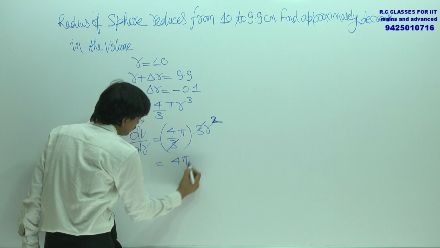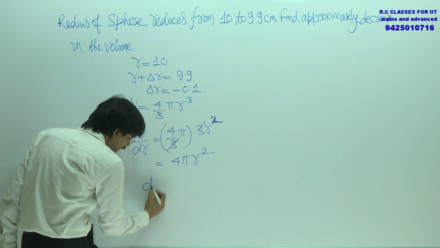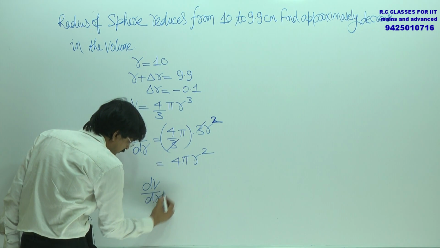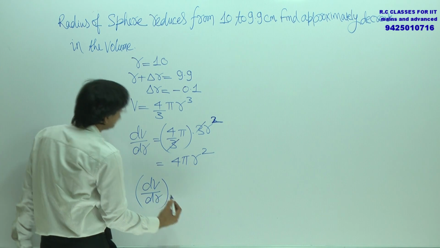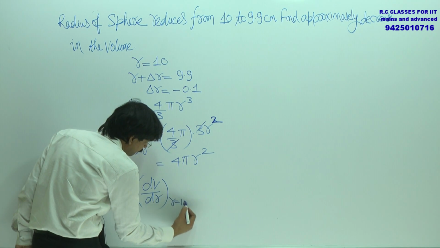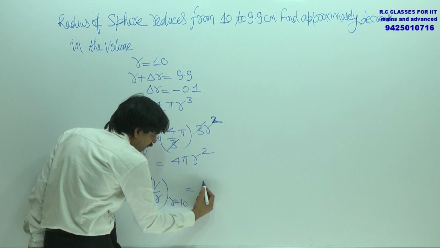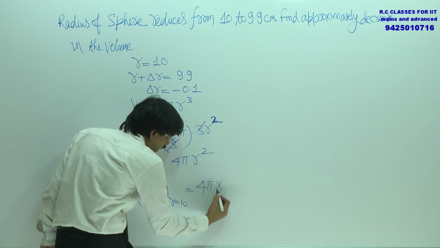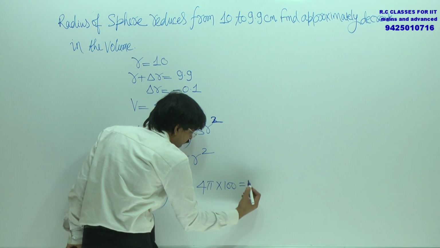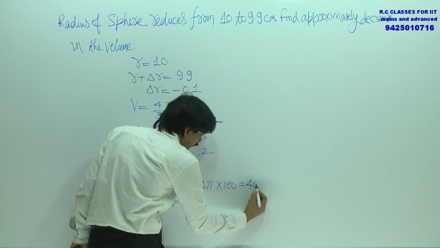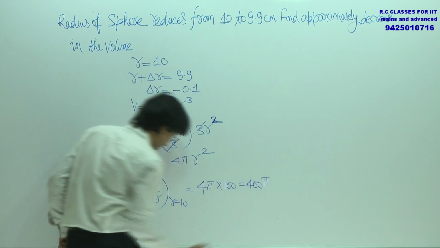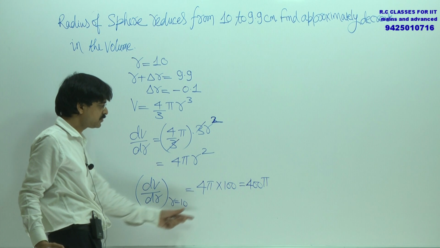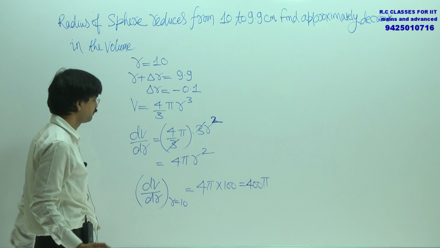It is 4 pi r square. We calculate dV by dr at r equals to 10. It will become 400 pi. This dV by dr at r equals to 10 is coming as 400 pi.